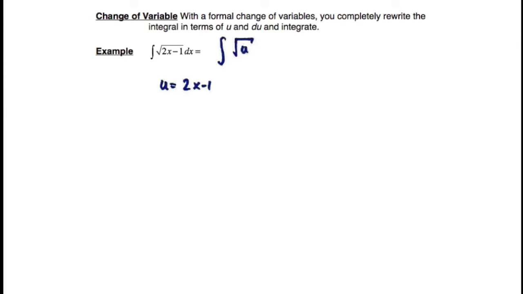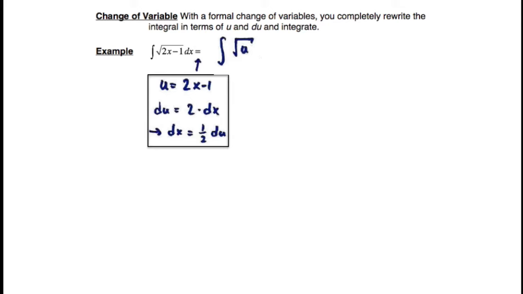So we write the integral of the square root of u. However, we need to be careful. I can't write dx because I'm now integrating in terms of u. So I have to check what is du. Du is 2 times dx, and that means dx is 1 over 2 du.